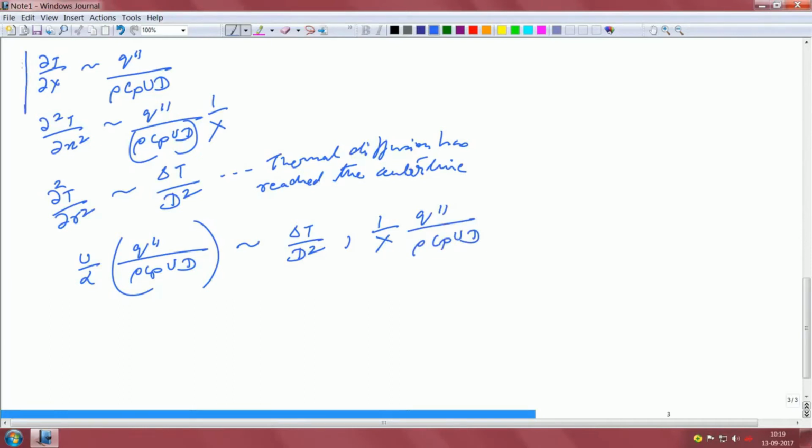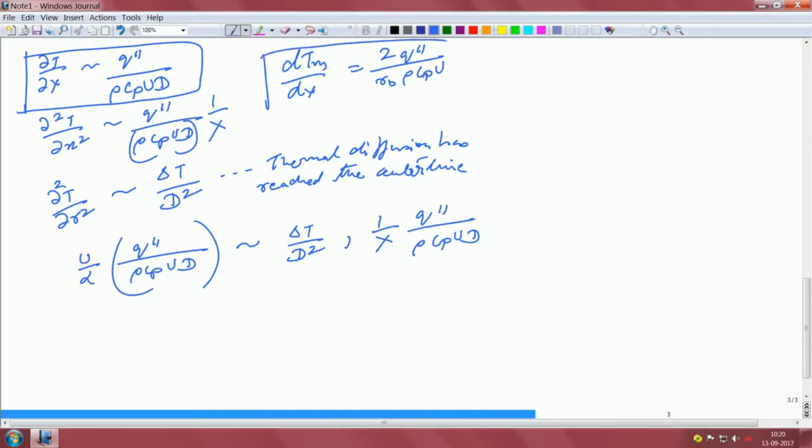Now, pay attention to how we got this, because we used the corresponding formulation. If you remember how we found out the dTm/dx kind of term, it comes readily from there. You recall that dTm/dx was actually equal to 2 q double prime over r naught rho Cp into u. This was already pre-given.